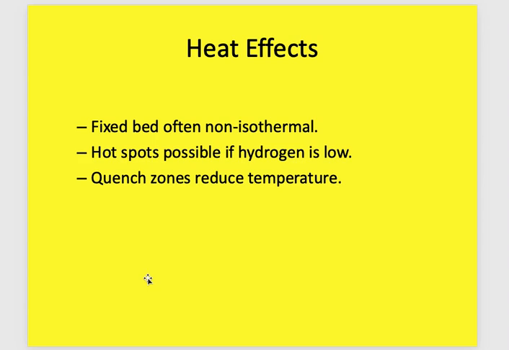The quench zone reduces the temperature. So you always consider the hydrogen to hydrocarbon ratio to prevent the hot spot, which means there is enough hydrogen available in the reaction circuit to keep the hot spot from happening. Also, quench helps you to control the temperature between each bed along the reactor.